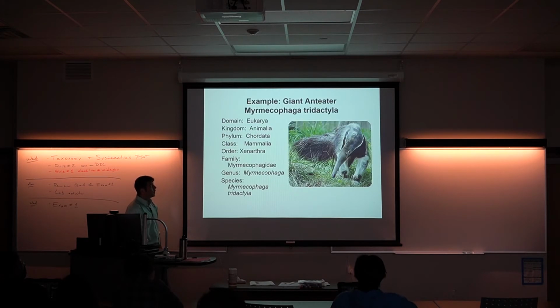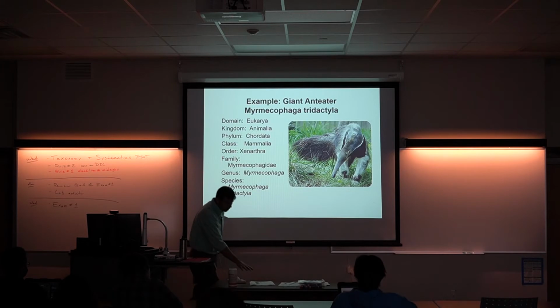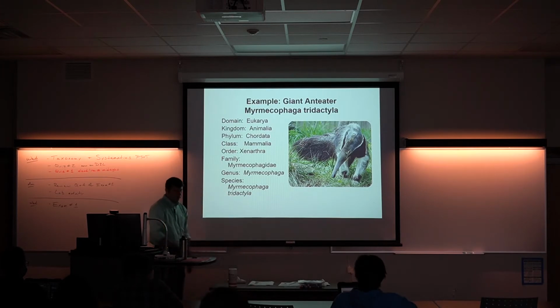The next thing that we'll move into is the Eukarya group, which is a broad group. I gave you that chart that has all of the eukaryotic cells listed. This one is our example that we saw previously of an anteater.